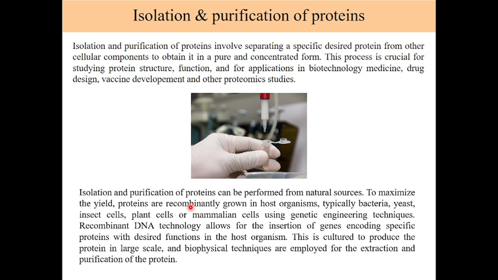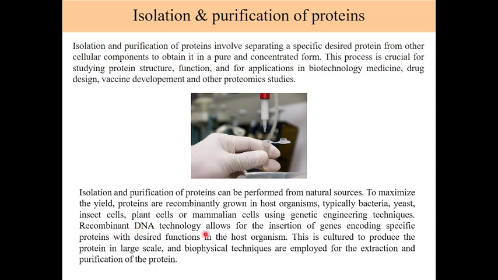For example, if the protein needs some kind of post-translational modification, let's say glycosylation, then it is very difficult to do that in bacteria, right? So then we will have to think of a different strain of bacteria or some other alternative host organism. This is how, based on the requirement of the protein and the requirement of the downstream studies, different host organisms are selected.